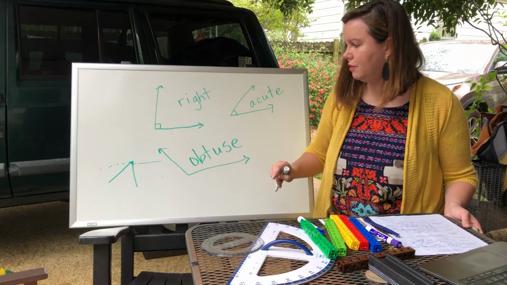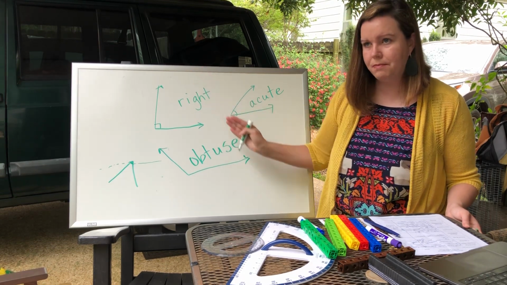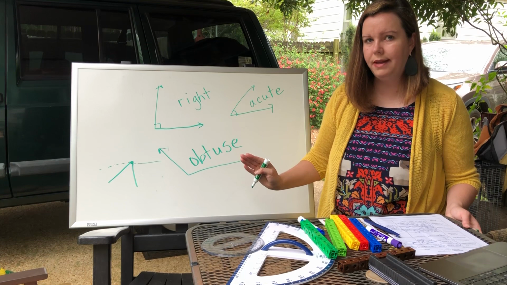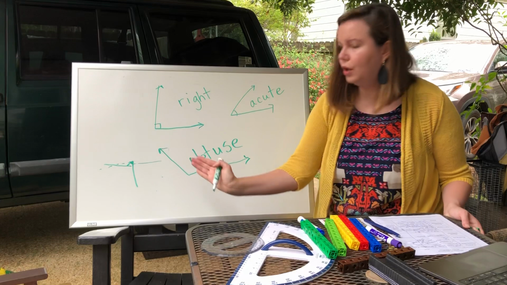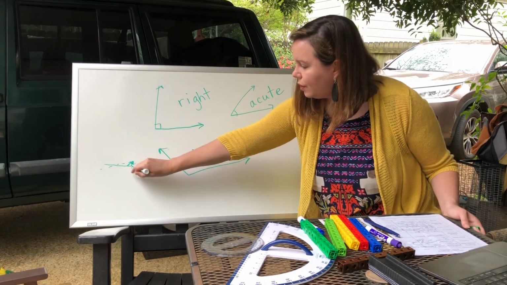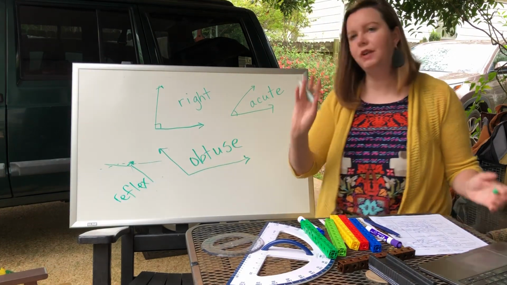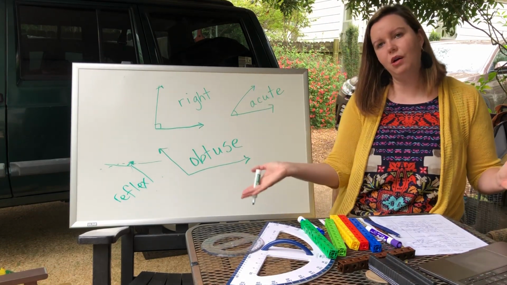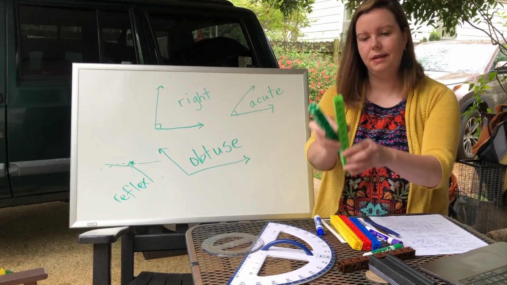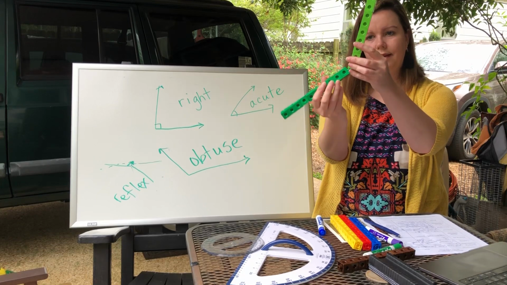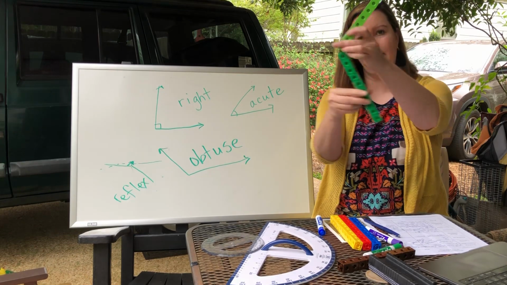Okay, that is your 180, and you'd have to show that you've come below that. So really, if you're here and you come below that, that would be a reflex angle. But you've got to show that that's open all the way up, and it's more than what an obtuse would be. So here's your straight, and so it's like this. Reflex.